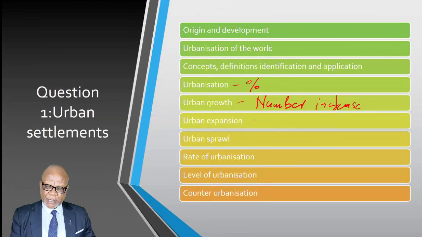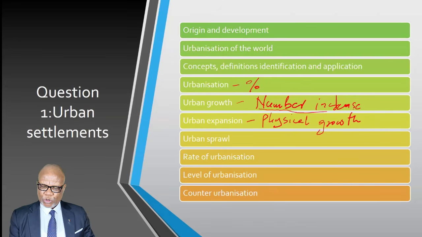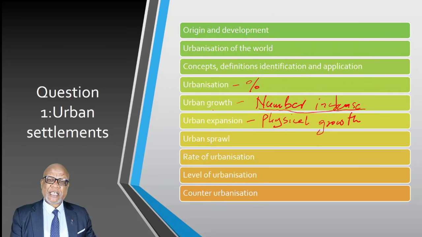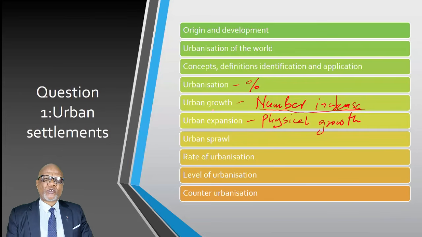And then we have urban expansion. This one refers to physical growth. What is physical growth? Now we have many people coming in. When many people come in, we are going to have what we call urban growth. It's an increase in number. So when the number of people increases, their needs are going to increase as well.